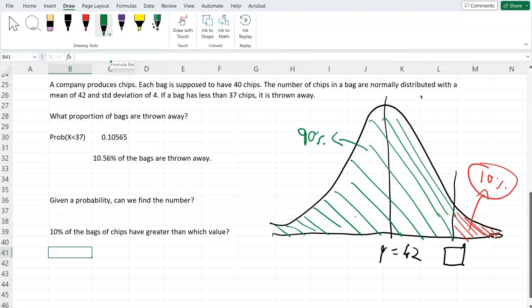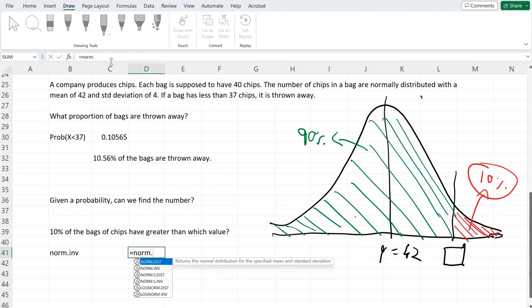So the value where 10% of the bags have greater value is the same as 90% of the bags having less than that value. We are going to use another formula here, which is norm.inv. So we write equals norm.inv. The probability is 0.90 because we're going from left to right.